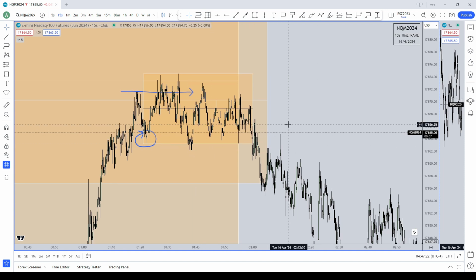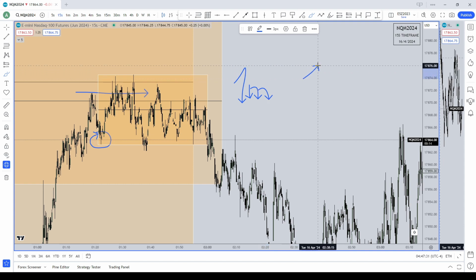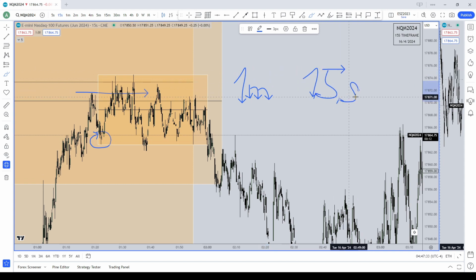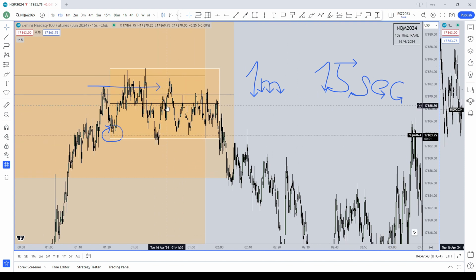If you will go, by the way, don't mix the time frame. If you have a 1 minute and you have 15 second, and you think on 1 minute we didn't close, but on 15 second we closed, and I will go from 50% to down, yeah, you can, but it's a high risk. Don't mix.